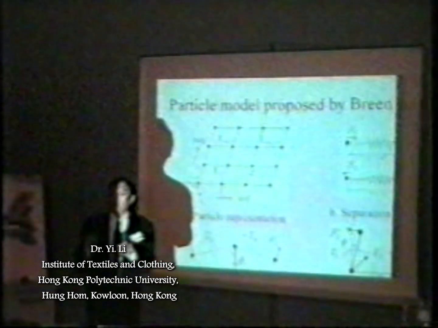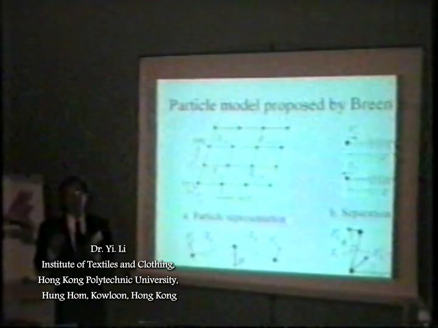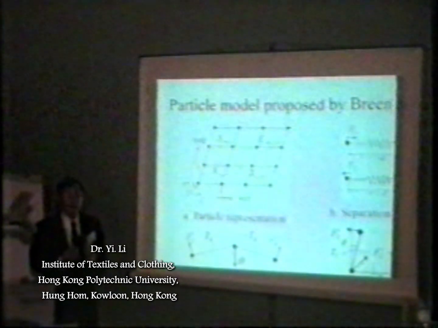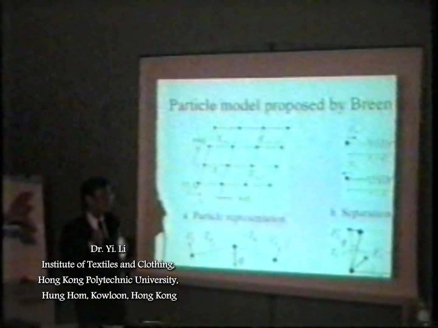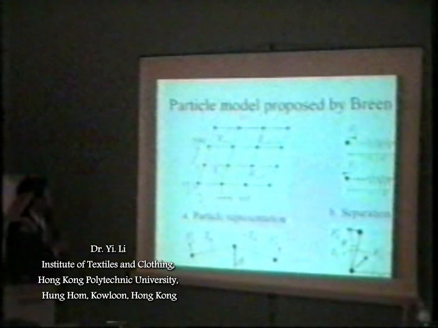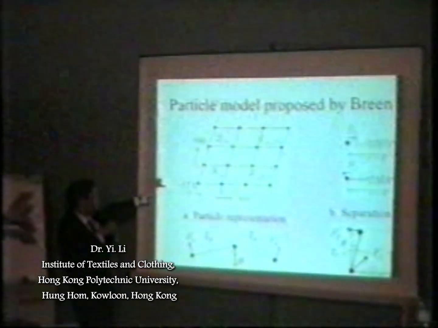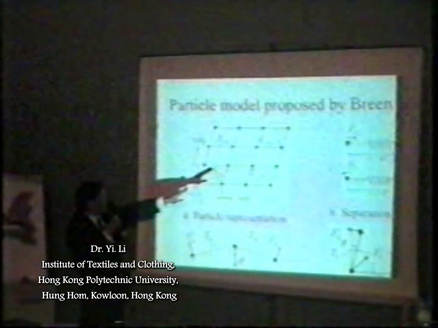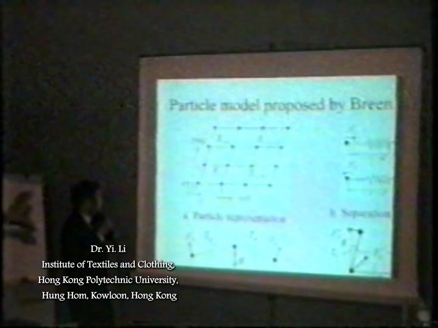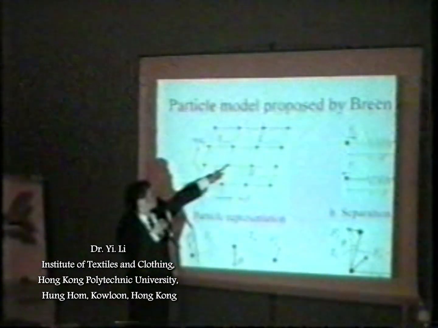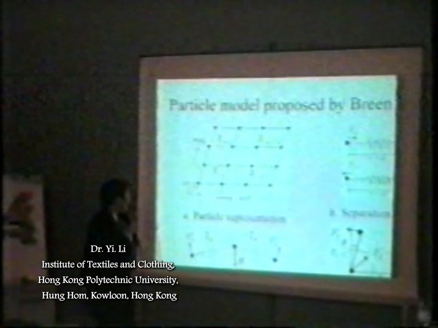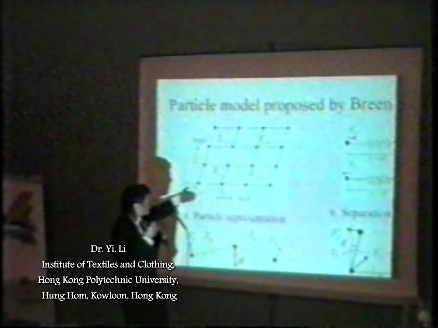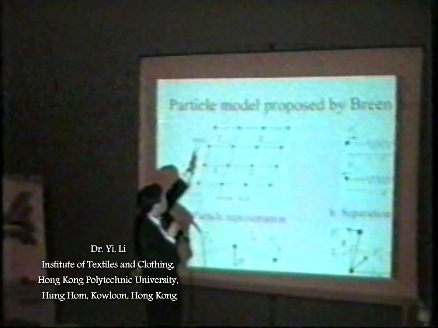There are many different ways to simulate. We have the finite element model, the finite volume model, and another one, the discrete model, which is called a particle model. For instance, in 1990, Breen proposed a particle model which used a square as the element of the model, representing the weft and warp directions.